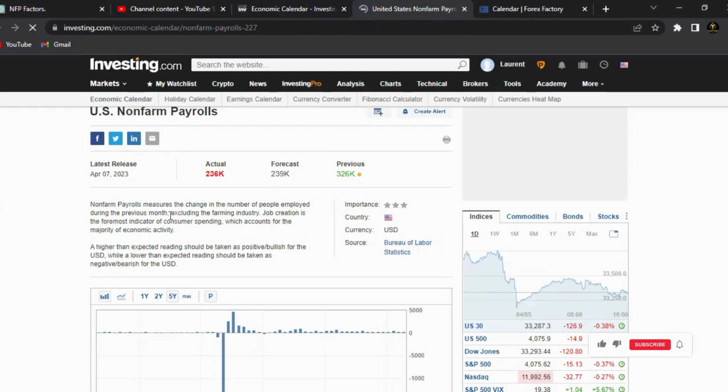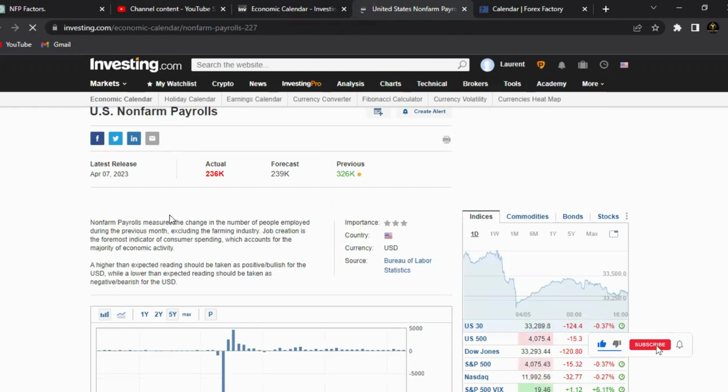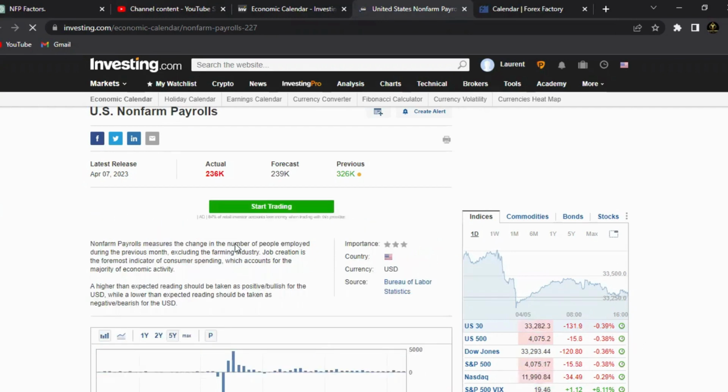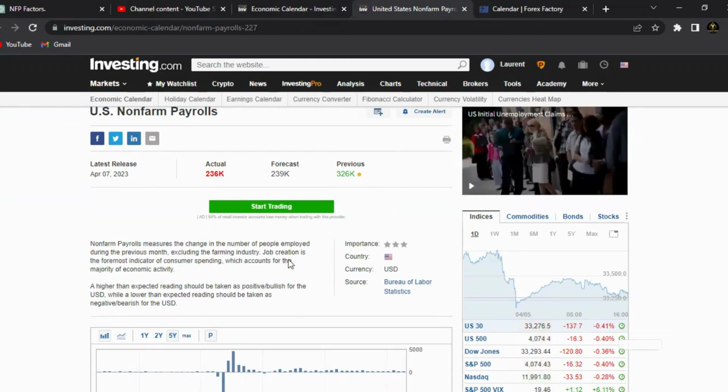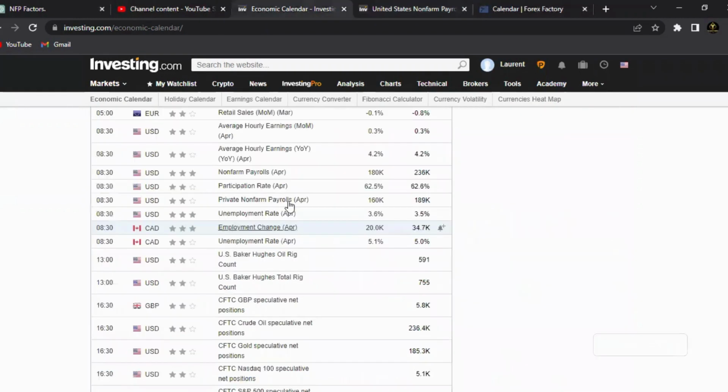So for instance, now we're in May, it measures the change in the number of the previous month, excluding the farming industry, right? So job creation is the furthermost indication of consumer spending, which accounts for the majority of economic activities. So as you can see, it's a big deal, right? It's one of the most fundamental, most volatile events.